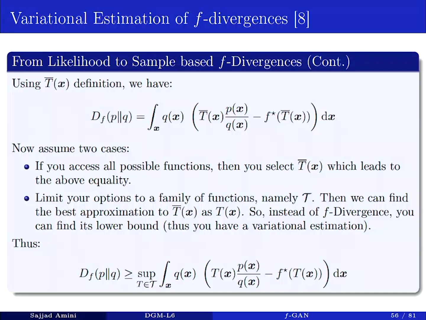So although I do not find the exact function anymore, I find the best one, which is here. Exactly like our discussion about the distributions in the set, here we have a similar concept. We are looking in a set for the best t.